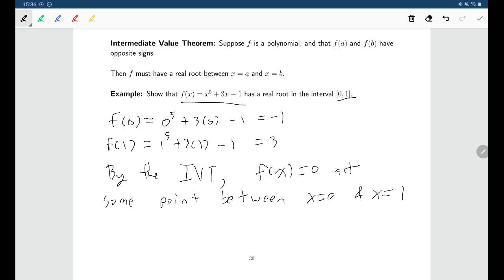So somewhere in that interval from 0 to 1, you must cross that x-axis, because at the lower end you're below the x-axis, and at the end of the interval, you're above the x-axis. So somewhere in the middle, you must have crossed the x-axis. And that's true for any polynomial function, because polynomial functions are nice and continuous. No breaks, no holes, no jumps, no skips.